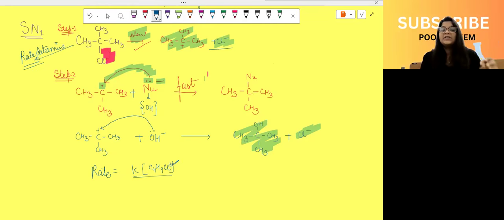A question can ask you to write down the rate expression for SN1 or SN2. They can even ask you to write down the SI unit of the constant k. So how do you write it? For rate, the SI unit is mole per dm³ per second, upon concentration, which is mole per dm³, equals the SI unit of k.